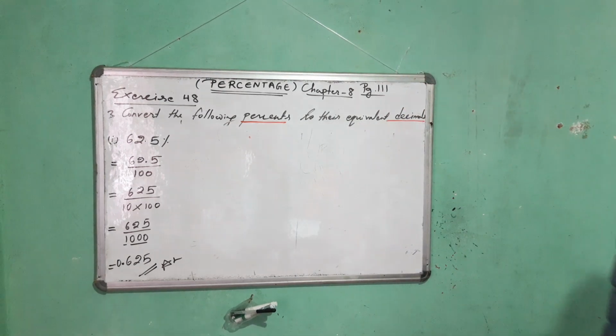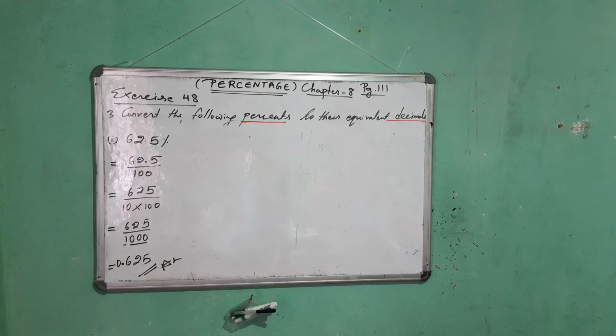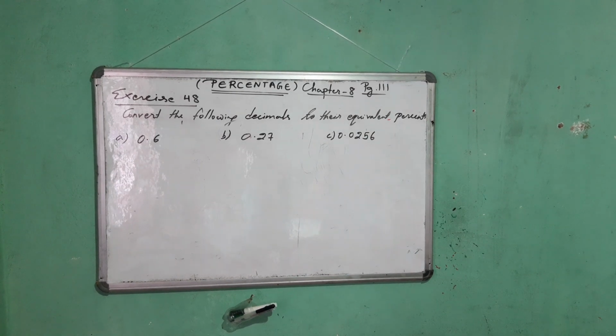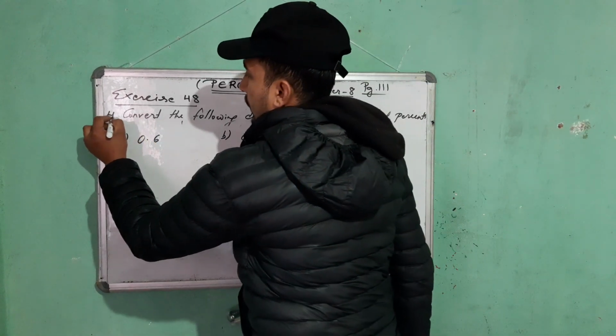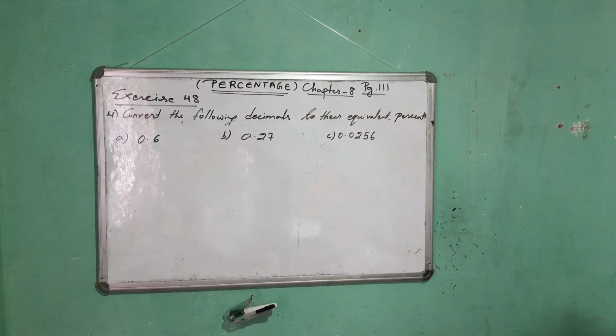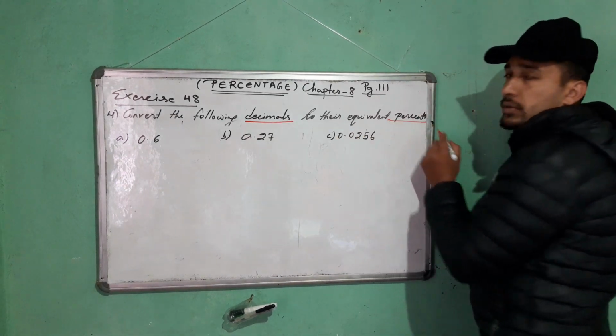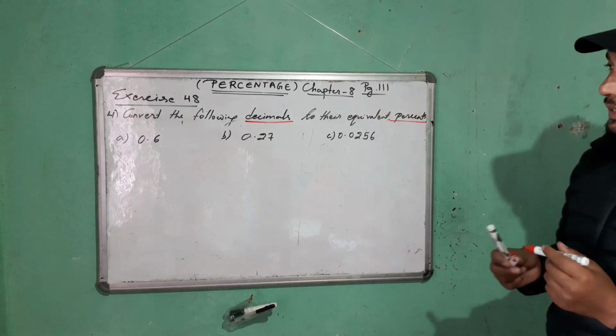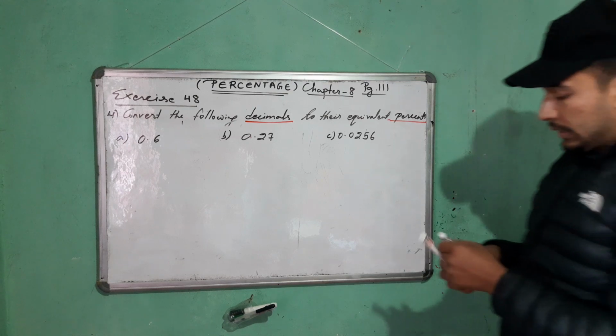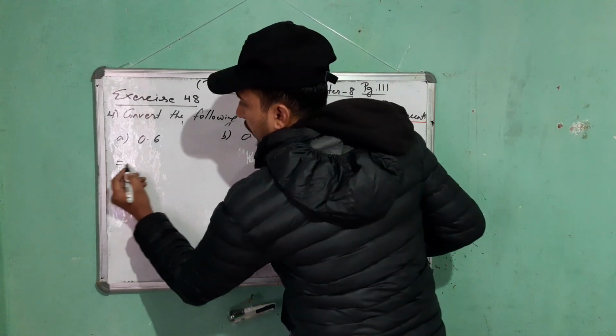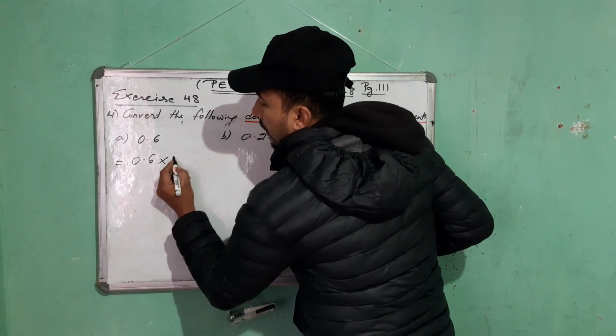Now let's move on to question number 4. Convert the following decimals to equivalent percents. You have to convert decimals to percents. For this, you have to multiply by 100. So it will be 0.6 into 100%.